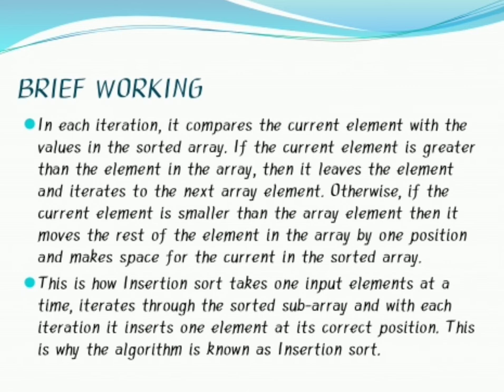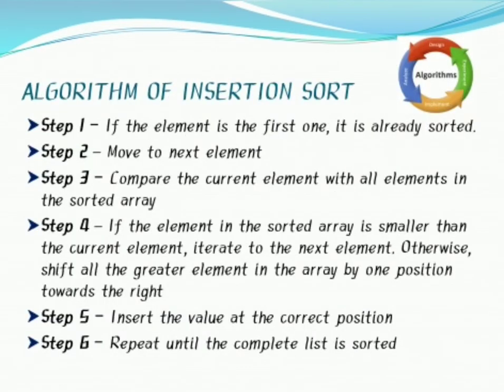Now let's see what the algorithm for insertion sort is. An algorithm is a process of sequential steps. Coming to the algorithm of insertion sort. Step 1: If the element is the first one, it is already sorted. Step 2: Move to the next element. Step 3: Compare the current element with all elements in the sorted array.